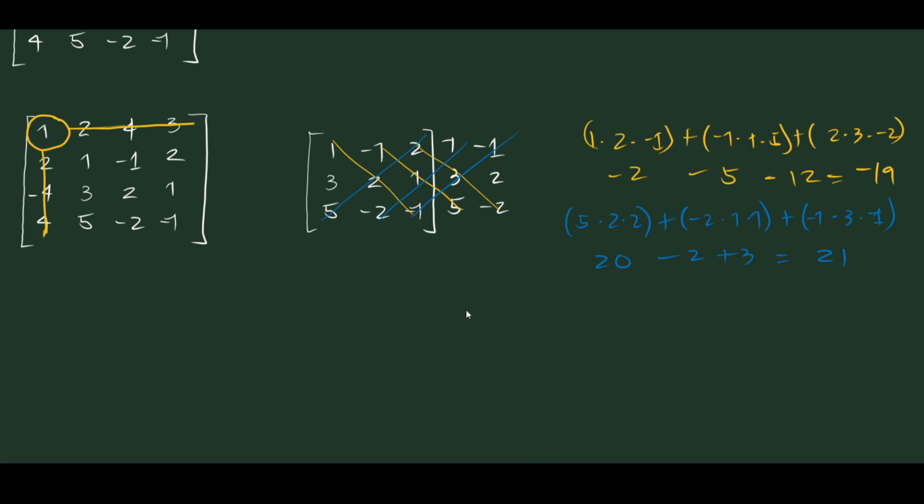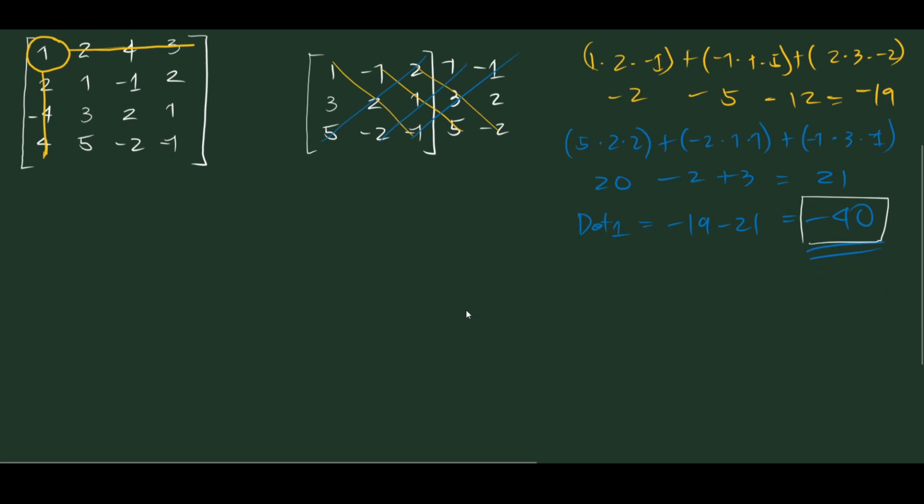To get the determinant of this 3x3 matrix right here, let's just write determinant 1, which is equal to -19 minus 21, which is equal to -40. There we have it. This is our determinant, -40.